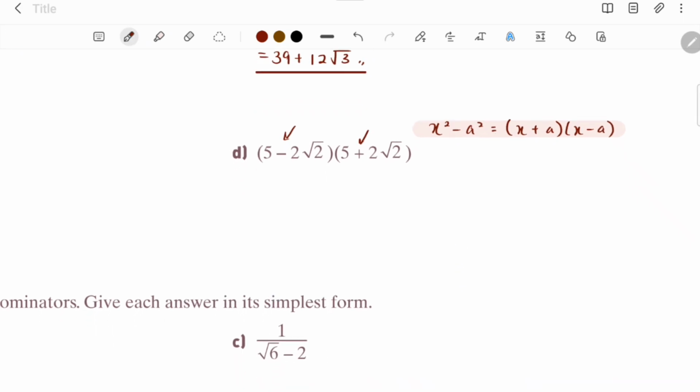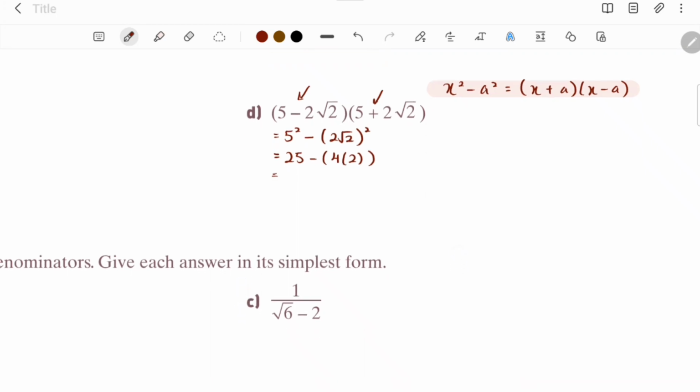So this one should be 5 square minus 2 surd 2 square. And then simplify it. 5 square, you get 25. Minus this one, 4 surd 2, if you square it out, you will get 2. Further simplify it, 4 times 2, you get 8. So 25 minus 8, you should get 13 as your final answer.